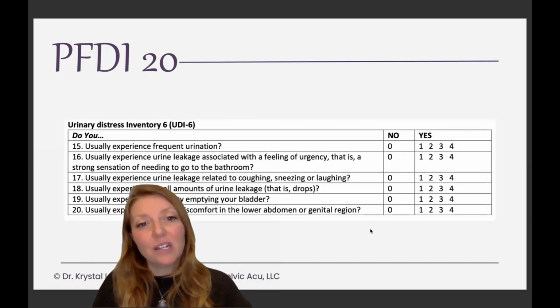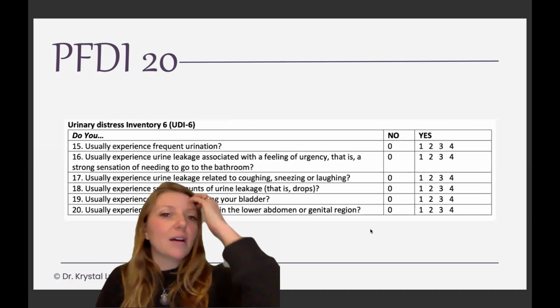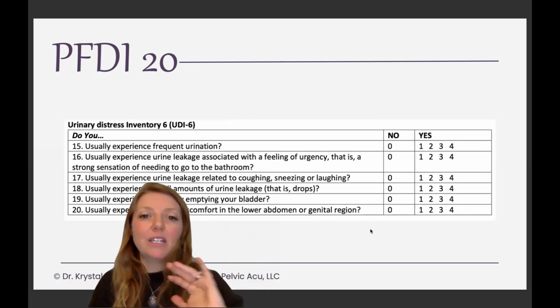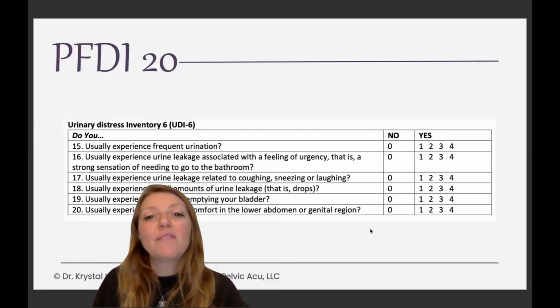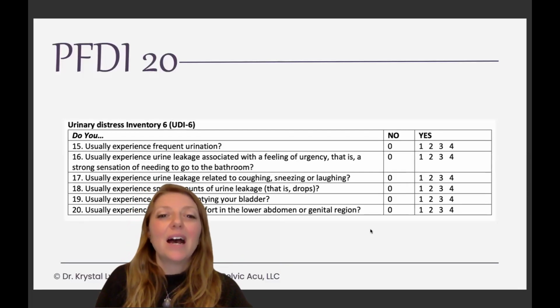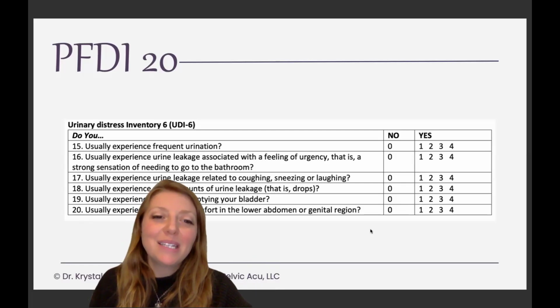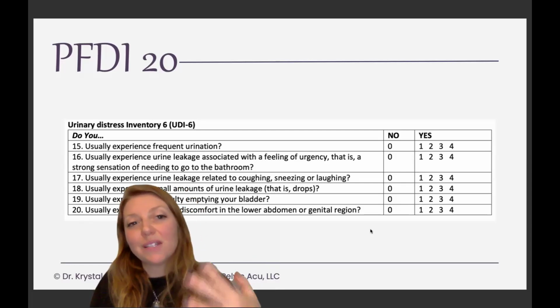Finally, we have the urinary distress index. And this is frequency of urination, urine leakage related to coughing, sneezing, or laughing, difficulty emptying the bladder, and then pain or discomfort.